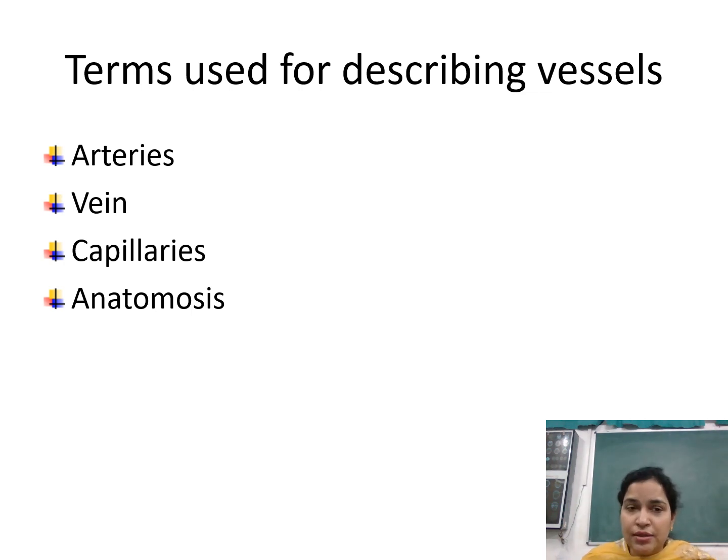The umbilical vein carries oxygenated blood from the placenta towards the fetus, and the pulmonary veins carry oxygenated blood from the lungs to the left atrium. Now capillaries have a diameter of 7 to 8 microns, so that the RBCs can move in single file, and then there is the anastomosis between the arteries and the veins.